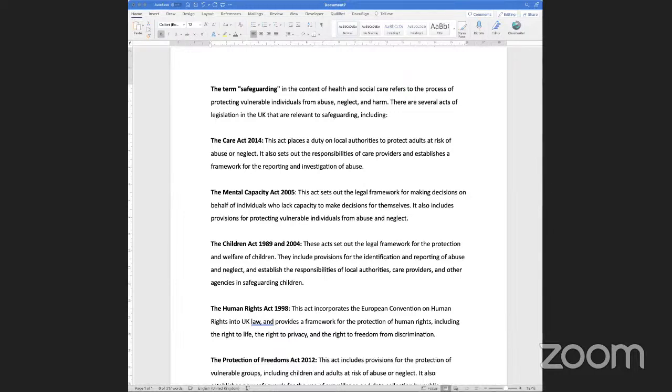One second, the 6 principles of safeguarding, which I'll introduce. And so the Care Act that we want to talk about, the Mental Health Care Act.